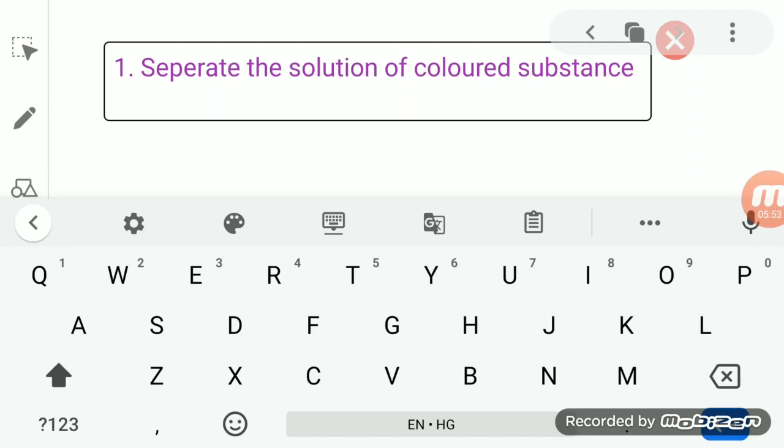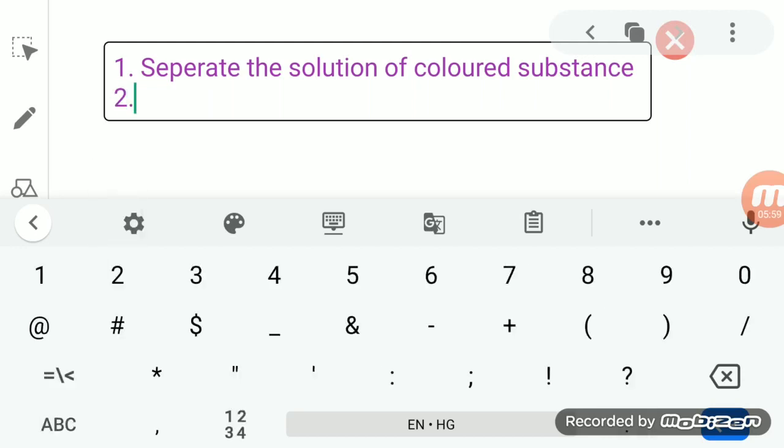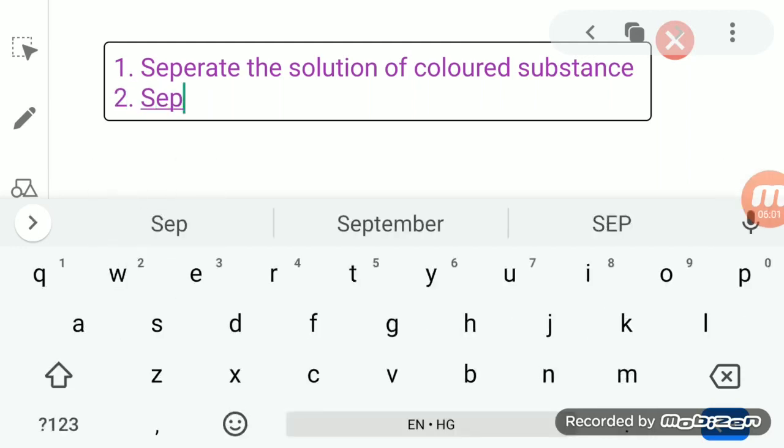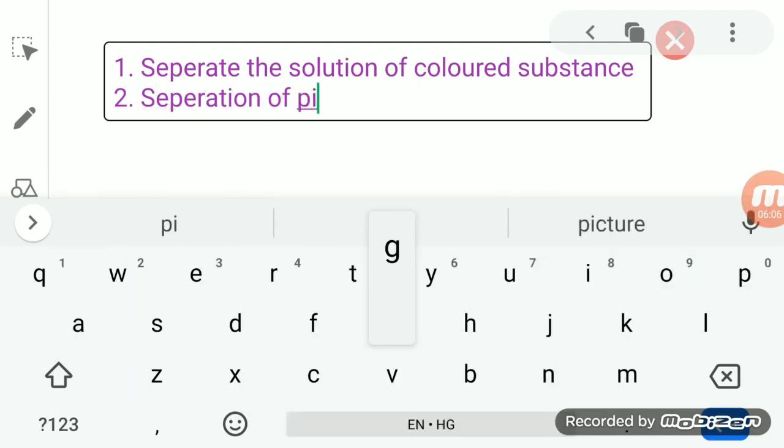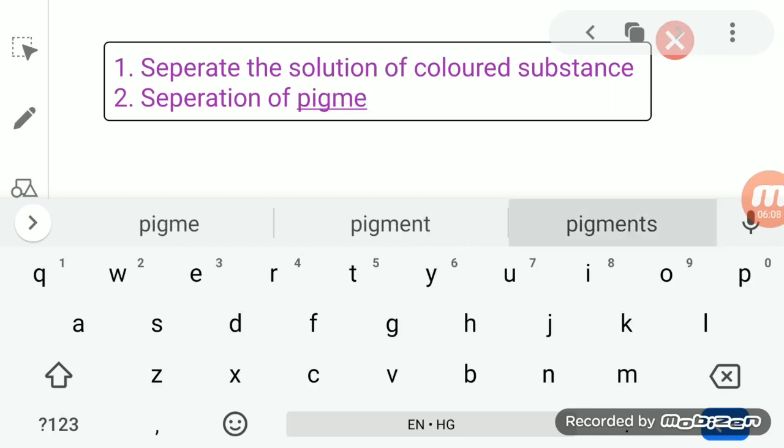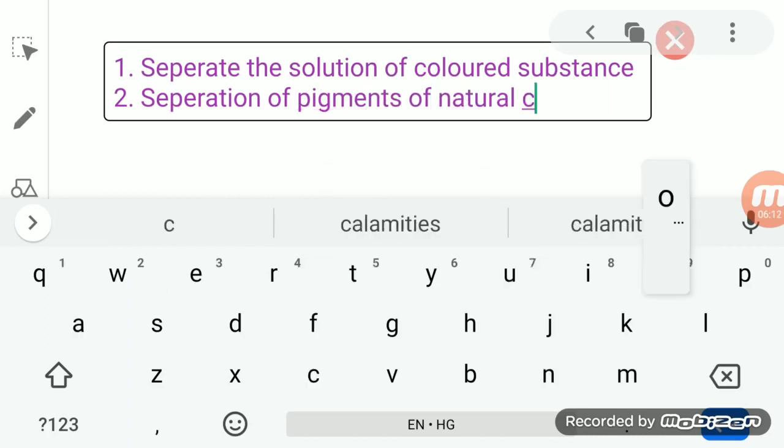It is also used to separate the pigments of natural color.